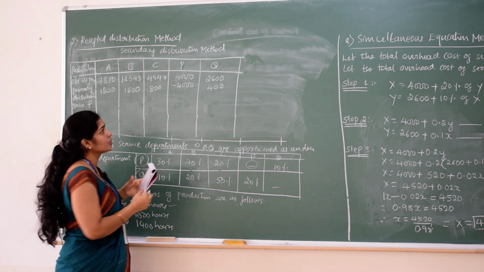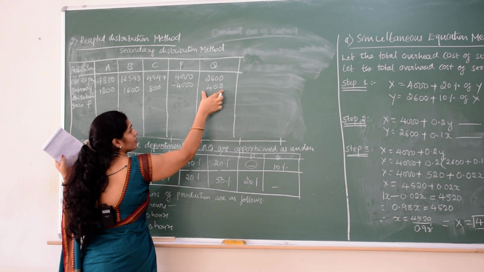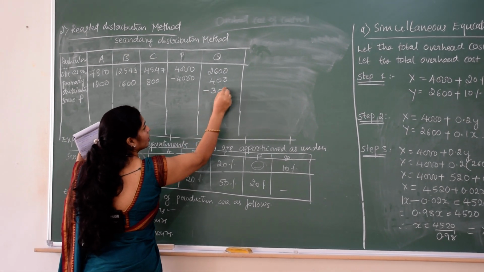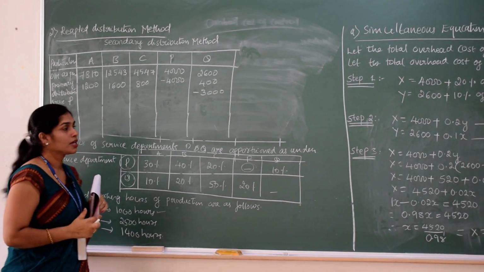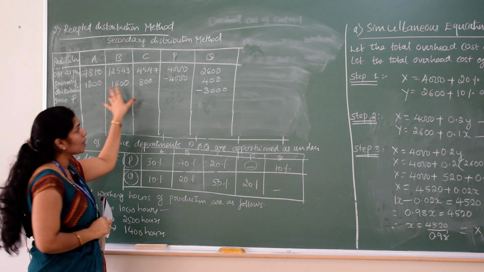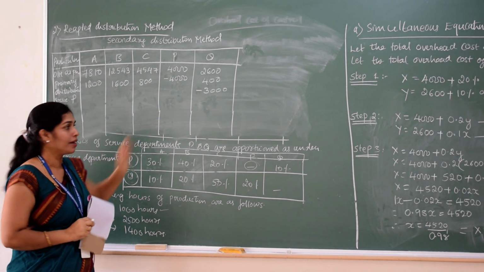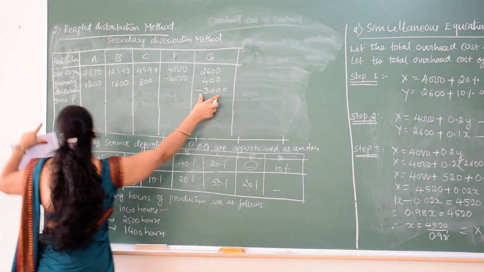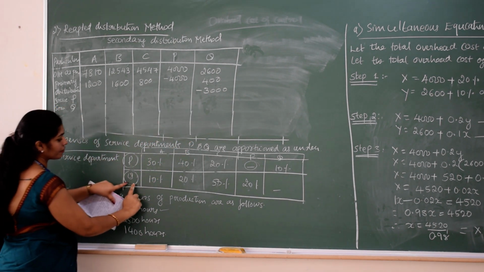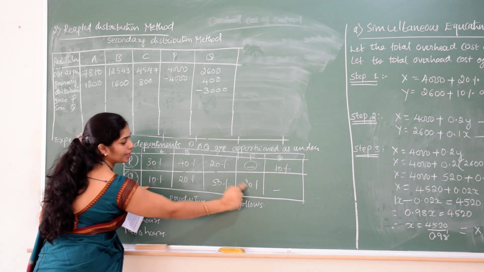Then you have to take service department Q. The total of service department Q is how much? 3,000. These 3,000 we have to reapportion to all three production departments as well as the other service department, as per the given percentage. Here Q's percentages are 10%, 20%, 50% and 20%.